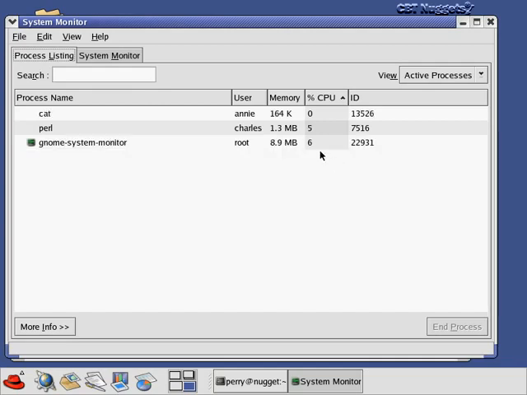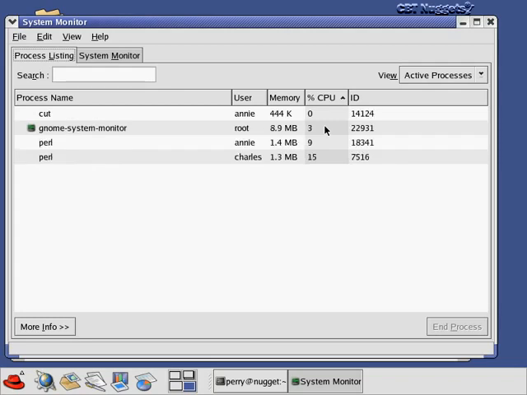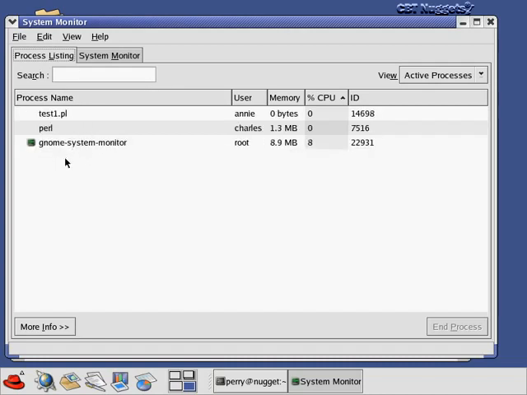If the system was really loaded up though, completely loaded up, and then I add some monitoring to it, then it's just going to cause more problems. So you have to be careful when you monitor the system that you're not actually impacting the performance yourself by monitoring it. All right, so the way that you get into this system monitor is you just type gnome-system-monitor at the command line and you can get in there.